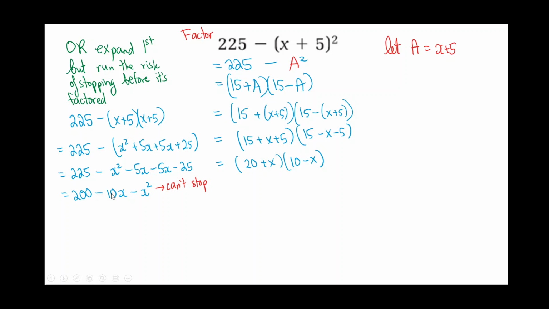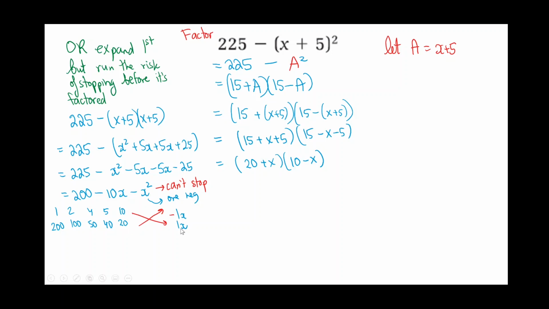So then what you could do is list off all the factors of 200. Here they are for you. And list off the factors of the last term, which is 1x and 1x. And we know we need to have one negative, so I'm going to place a negative up here. We need to start off with maybe the numbers that are closer together. So 10 times 1x is 10x, and 20 times negative 1x is negative 20x.